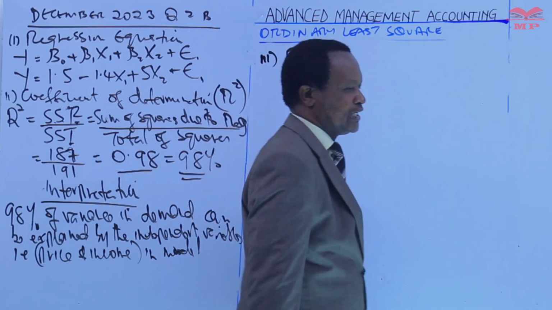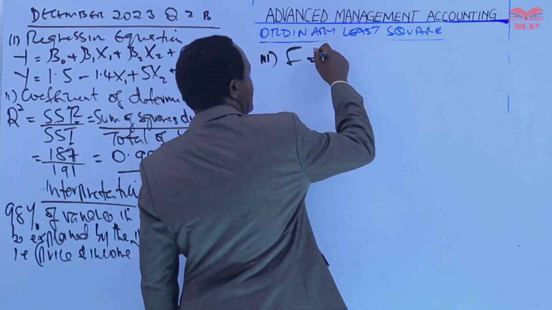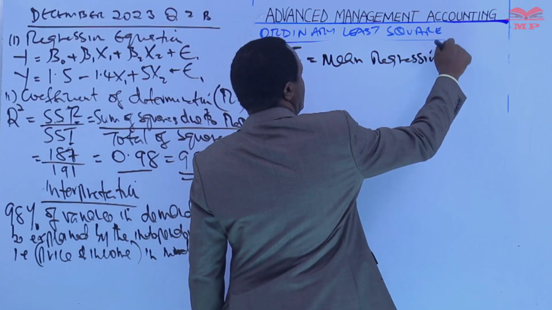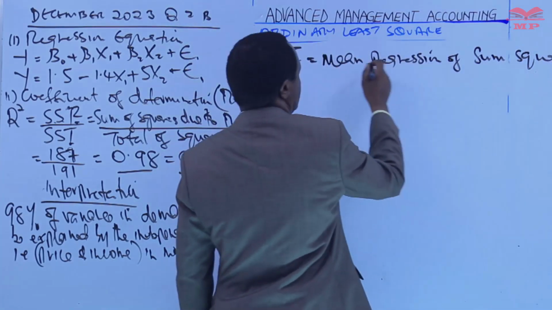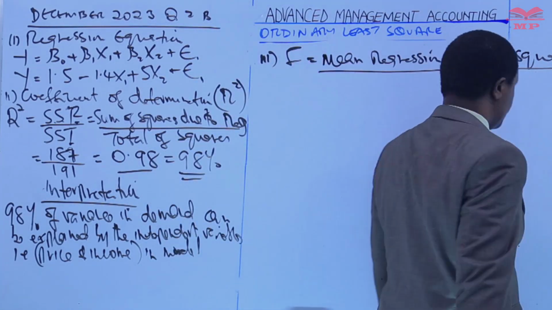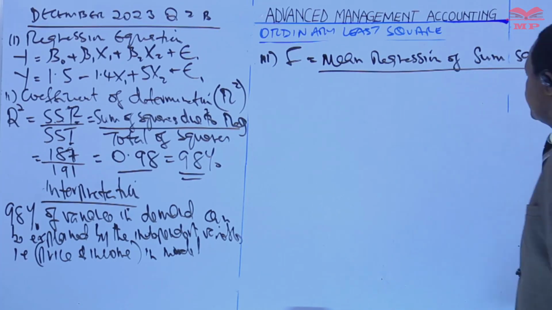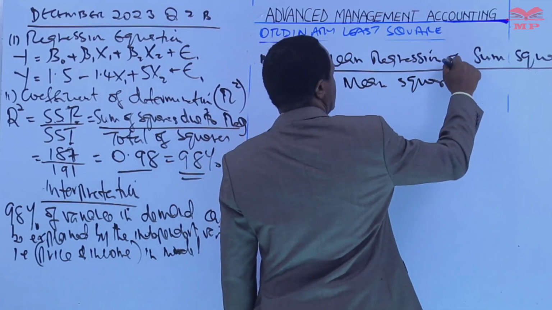F calculated is a ratio. The mean regression sum of squares divided by the mean squared error.